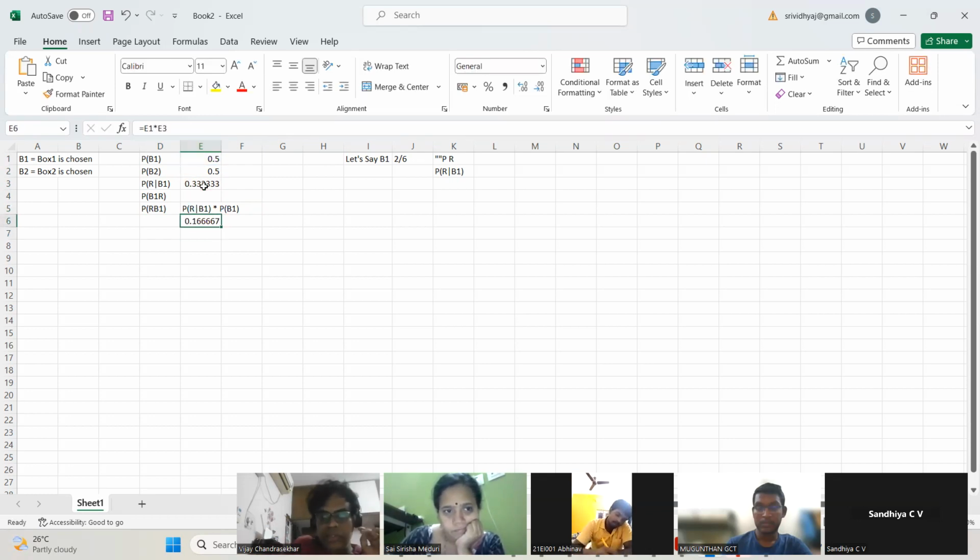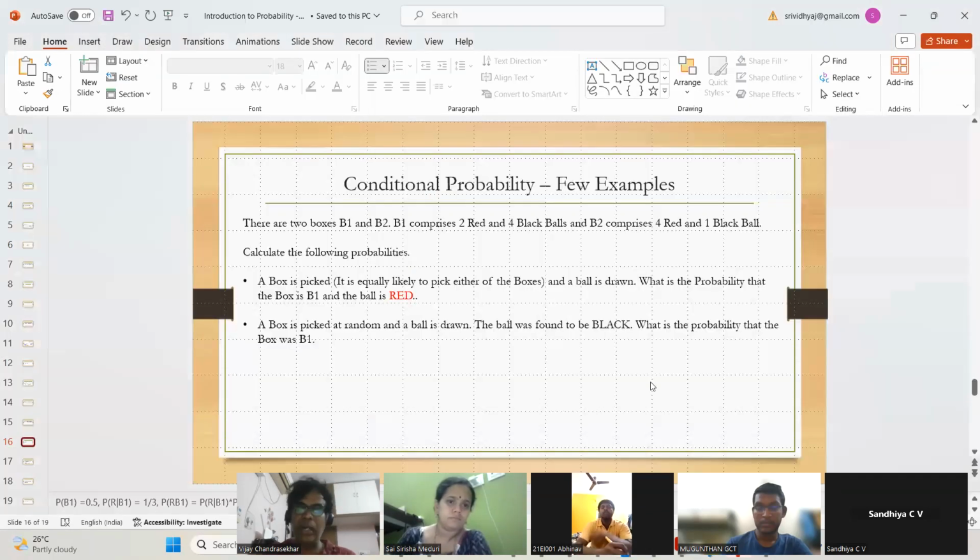all right, folks. Is it clear so far? Okay. Now let's look at the second question. Before you answer it, read it once. This says a box is picked at random. You don't know which box has been picked, and a ball is drawn.